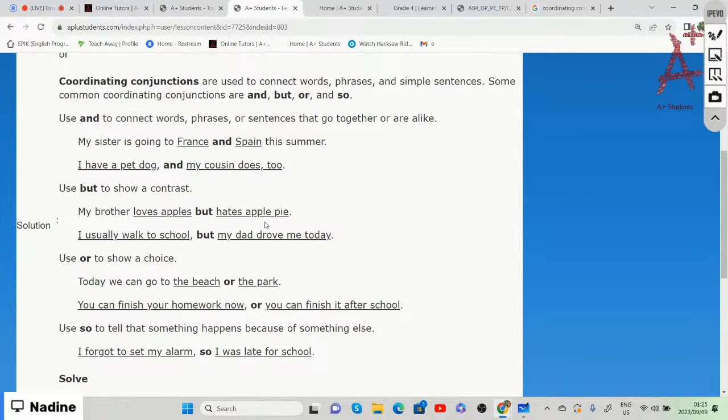So it's basically adding on. Another example: I have a pet dog and my cousin does too.